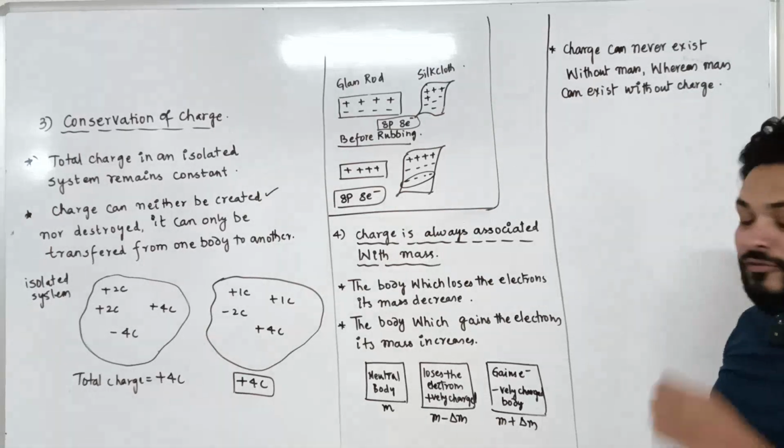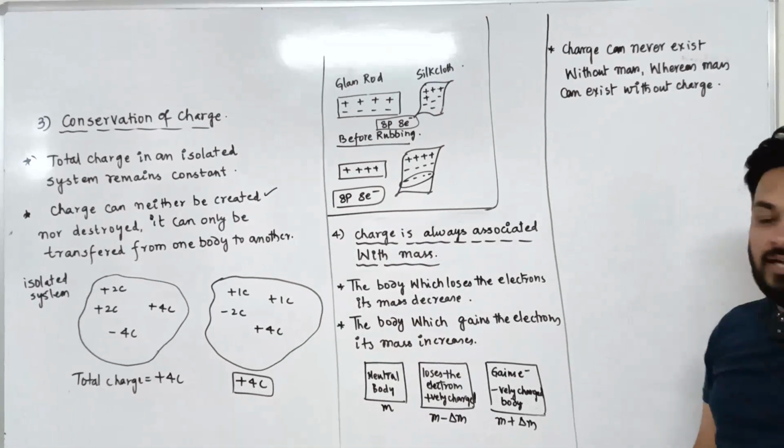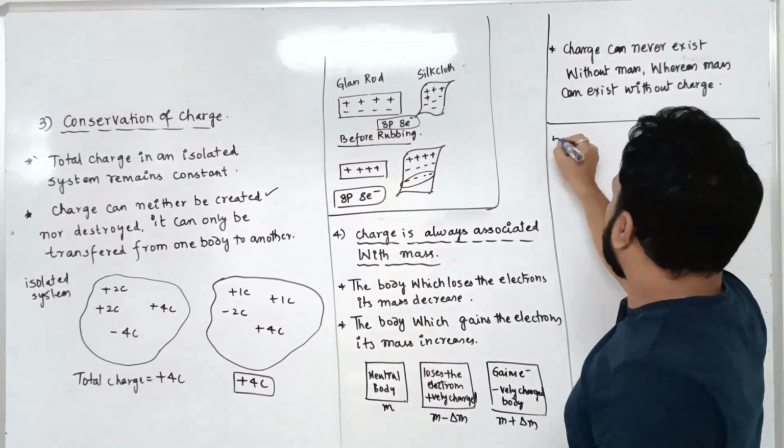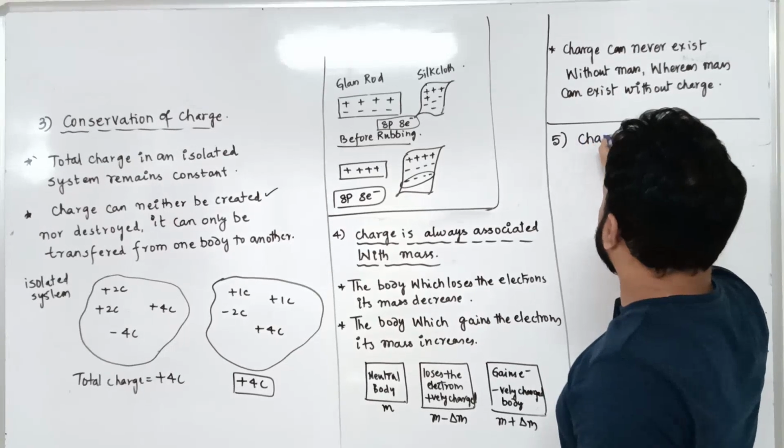Clear? So this is the fourth property: charge is always associated with mass. The next property, the fifth property, is charge is invariant.